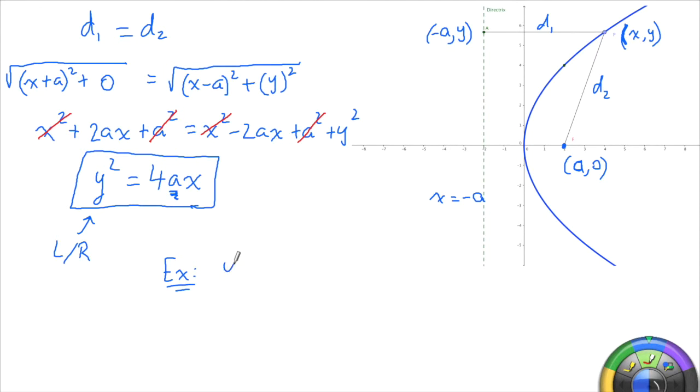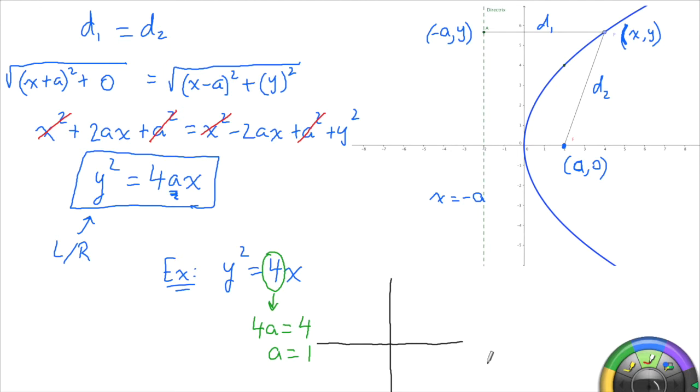So an easy example, just to play around with, would be y squared is equal to 4x. So the technique then becomes take the coefficient and say, well, that's 4a has to equal that coefficient 4. So in this case, a has to equal 1. So when we graph a parabola with this, we know it's y squared, so it's going left or right.